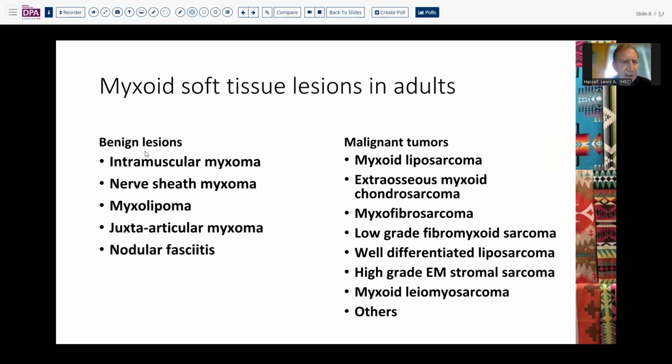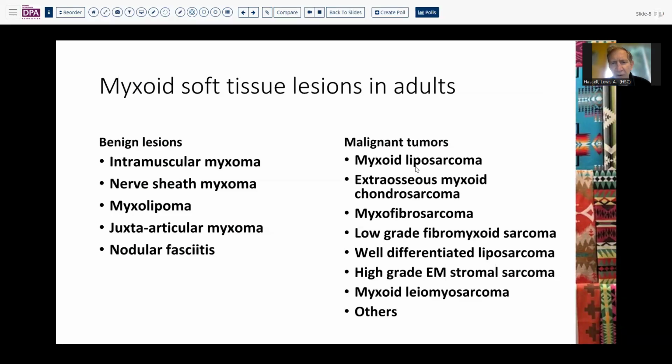On the benign side, in addition to intramuscular myxoma, there can be nerve sheath myxoma, some myxoid lipomas, juxtarticular myxoma, probably not in this particular location, but histologically in the differential diagnosis, and sometimes nodular fasciitis. Again, not clinically a feature with regard to the MRI findings.